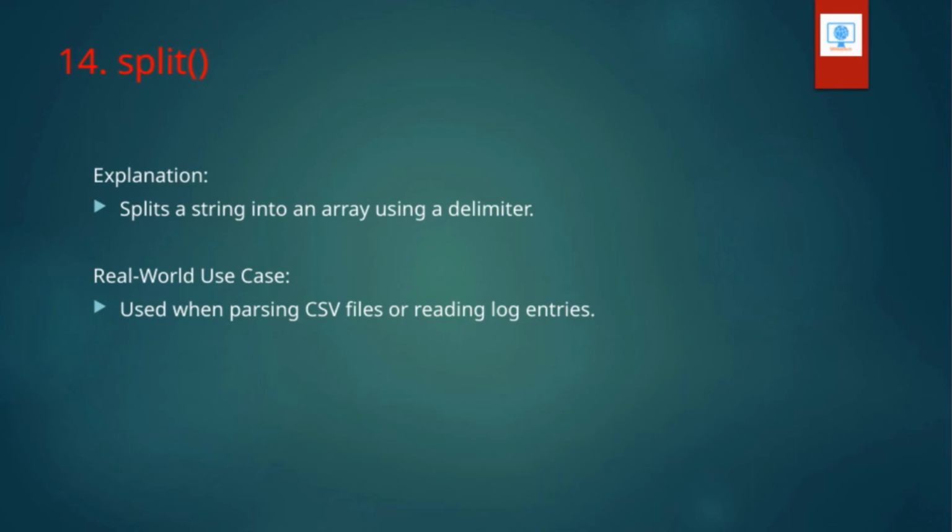The key point here is that split helps us break down complex strings into manageable parts, making data easier to analyze or process further. It's a fundamental tool in data handling and manipulation, especially when dealing with structured text data. So, in the context of our overall theme, understanding how to split strings effectively allows us to handle and interpret data more efficiently, which is crucial in many programming and data processing tasks.